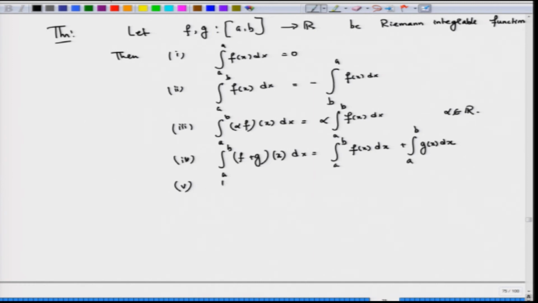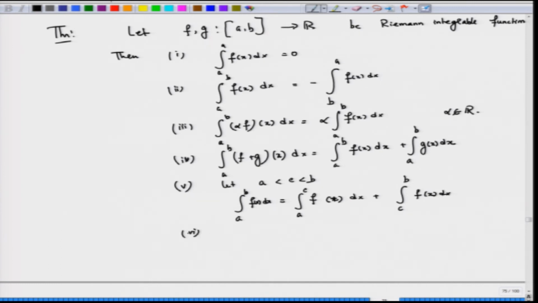So, let a be less than c less than b, then integral a to b of f is equal to integral a to c of f x dx plus integral c to b of f x dx.